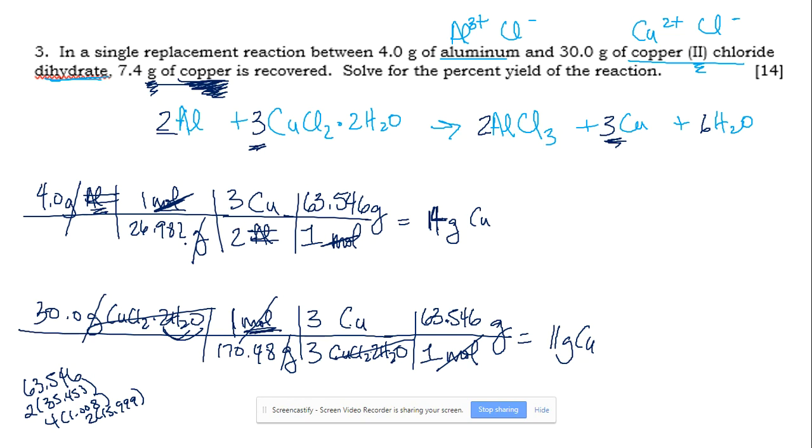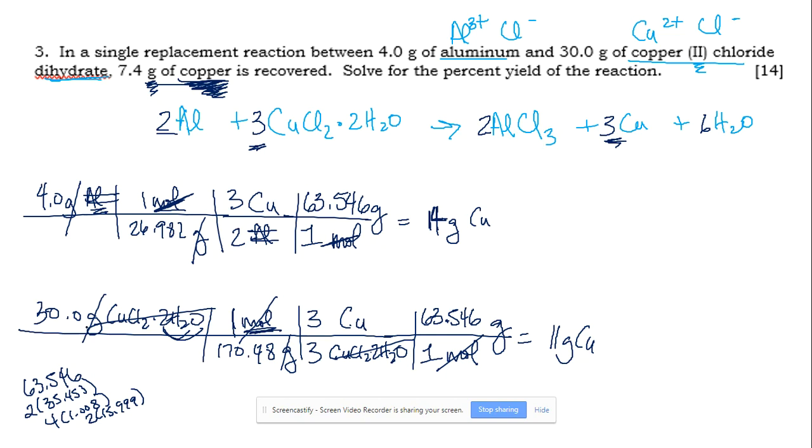So 4 divided by 26.982 times 3 divided by 2 times 63.546 is 14 grams of copper, not 11. I was looking at the wrong part of my paper. This one, 30 divided by 170.48 times 3 divided by 3 times 63.546 is actually, in fact, 11 grams of copper. So if I use up all my aluminum, I can make 14 grams of copper.